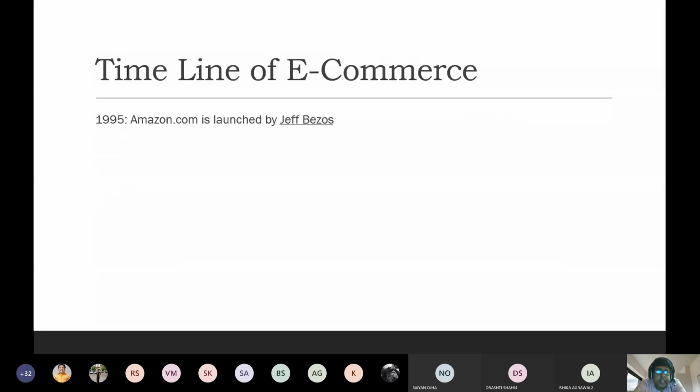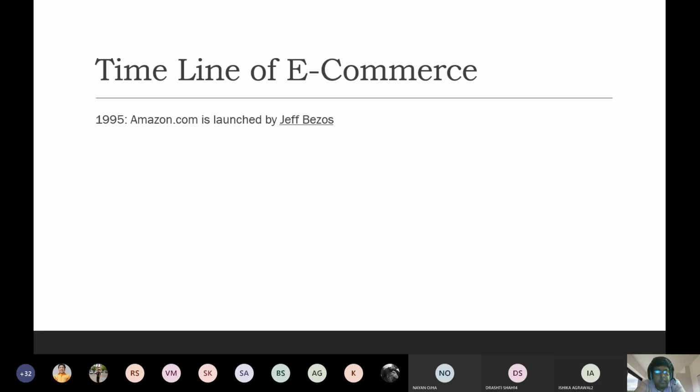And in 1995, Jeff Bezos went ahead with launching Amazon.com. So, what is the year right now? We are talking about the year 2020, and it has been almost 25 years that Amazon has been in business.